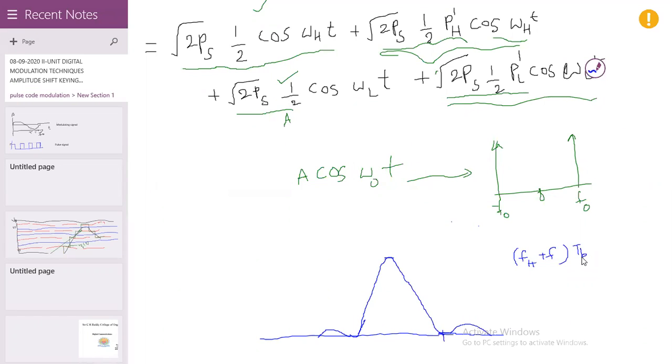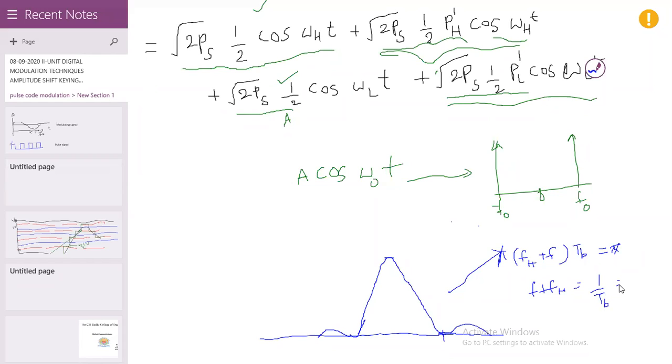Here TB is equal to pi. Pi into FH plus F into TB is equal to pi. Pi gets cancelled. Therefore F plus FH is equal to 1 by TB, the bit duration.